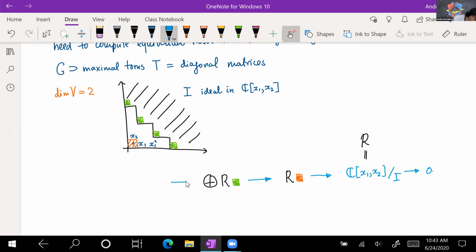And so what does this generate? Every one of these terms, the monomials in it, look like that.